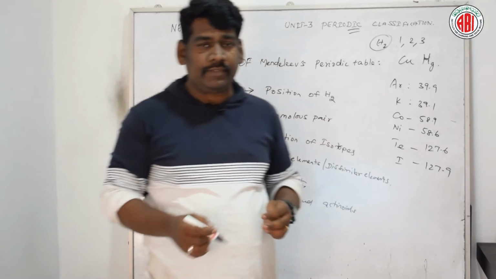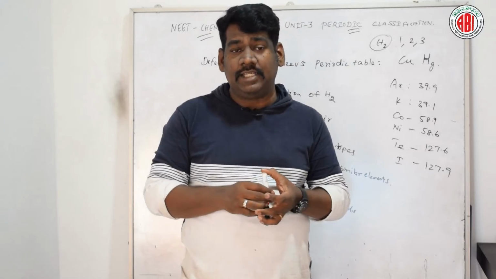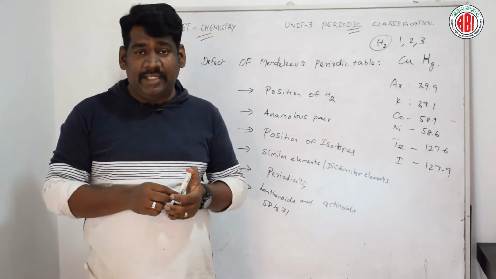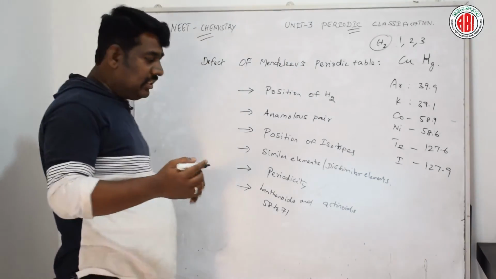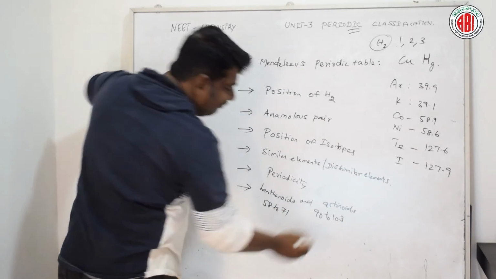Similarly, the 14 elements following actinium are called actinides, starting from 90 to 103.